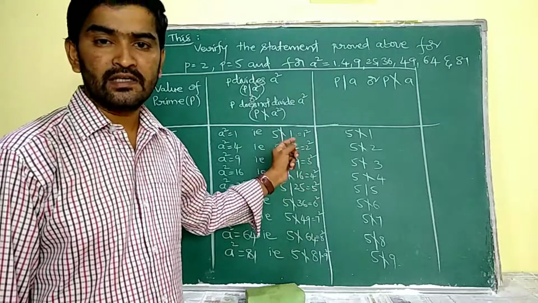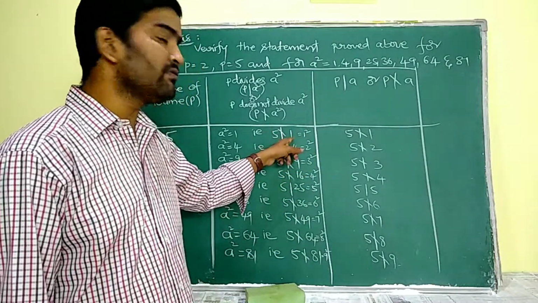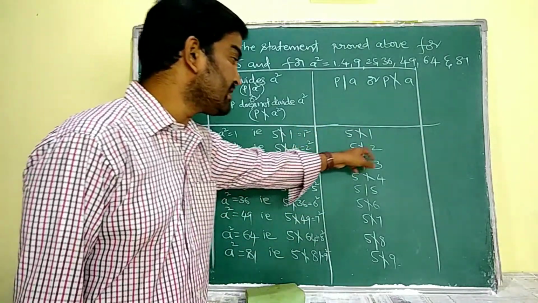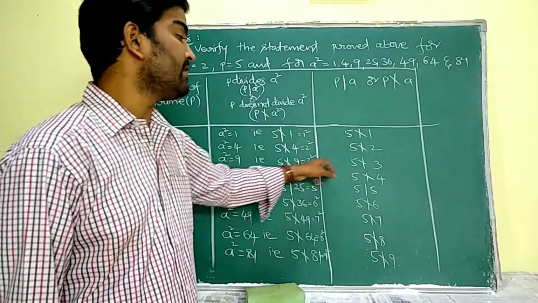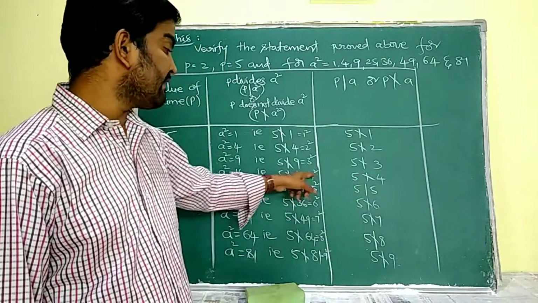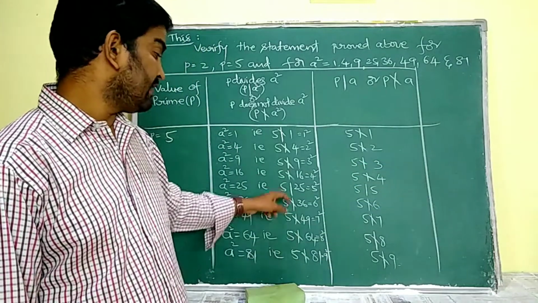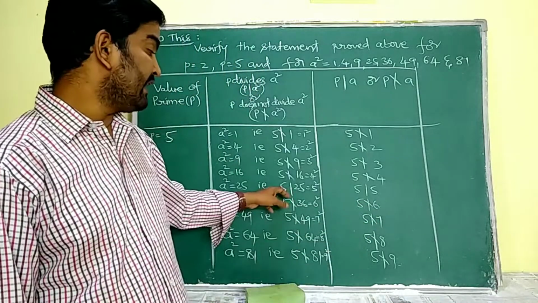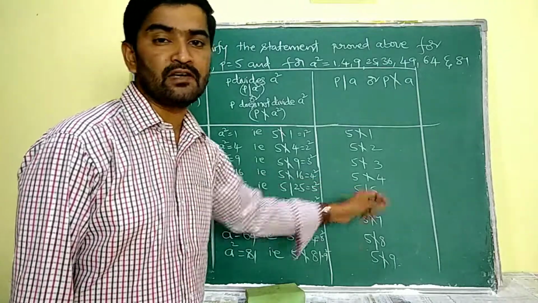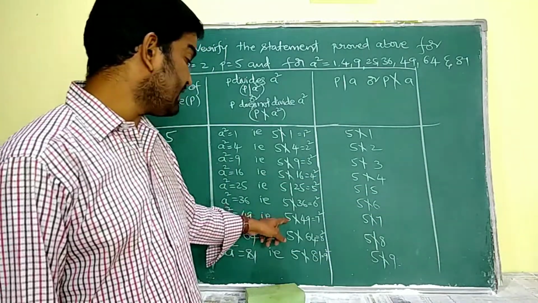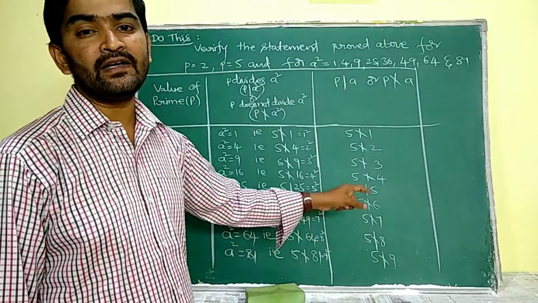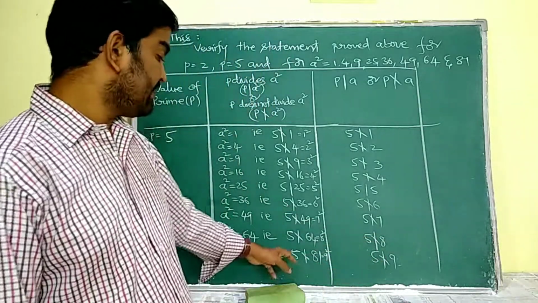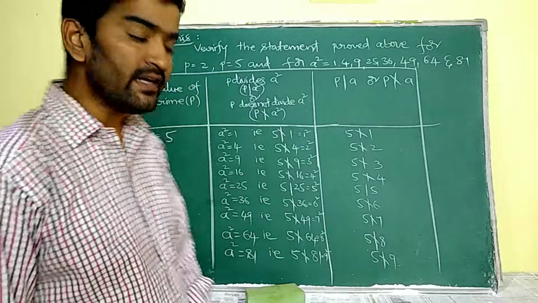Now according to the theorem which we discussed earlier, 5 does not divide 1 square means 5 does not divide 1. 5 does not divide 2 square means 5 does not divide 2. 5 does not divide 3 square means 5 does not divide 3. 5 does not divide 4 square means 5 does not divide 4. 5 does not divide 36, that is 6 square, means 5 does not divide 6. 5 divides 5 square, so 5 divides 5 also. 5 does not divide 49 means 5 does not divide 7 also. 5 does not divide 8 square means 5 does not divide 8. 5 does not divide 9 square means 5 does not divide 9.